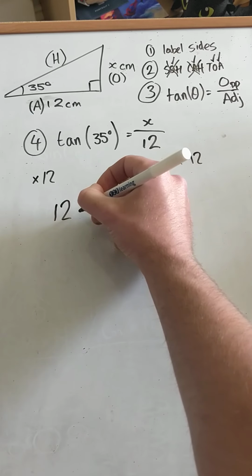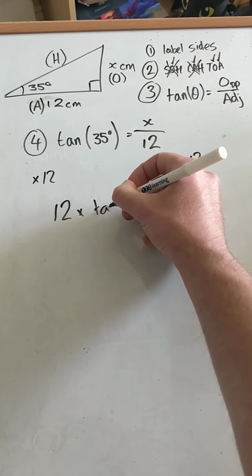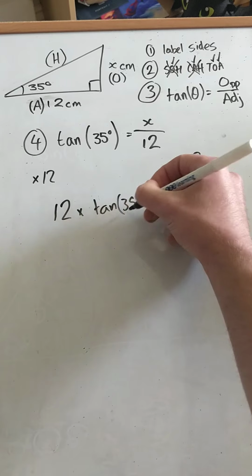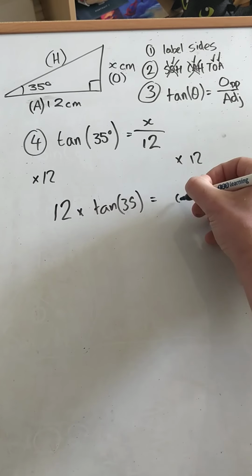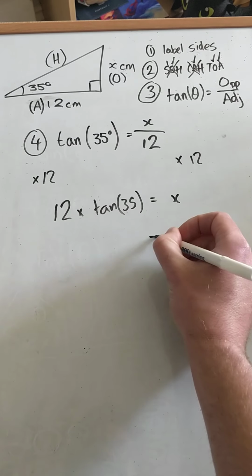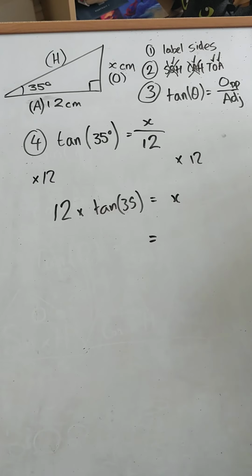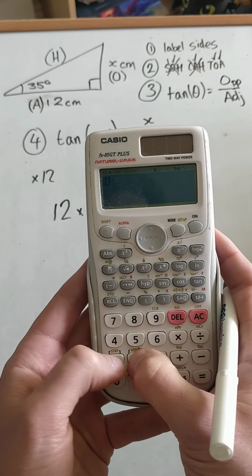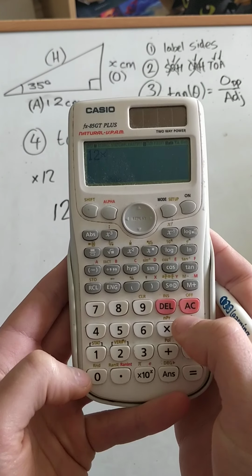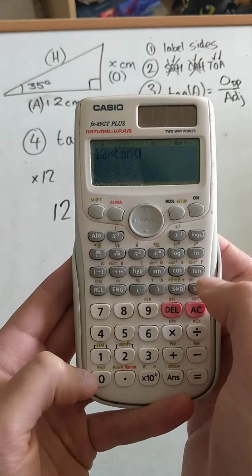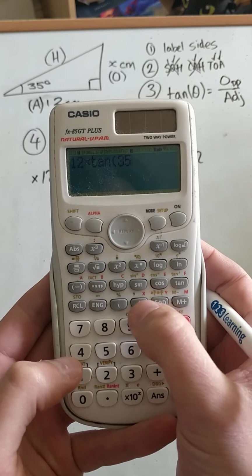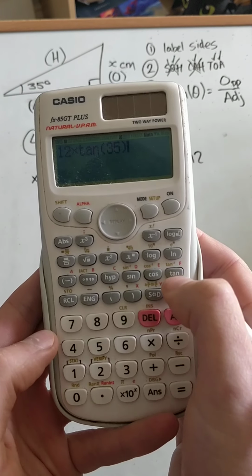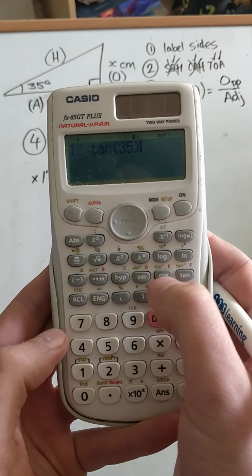And that gives me 12 times tan 35 is equal to x, and then all you have to do is put that into a calculator. So I'll do 12 times tan 35, and you can see your trigonometric buttons literally just here: sine, cos and tan.